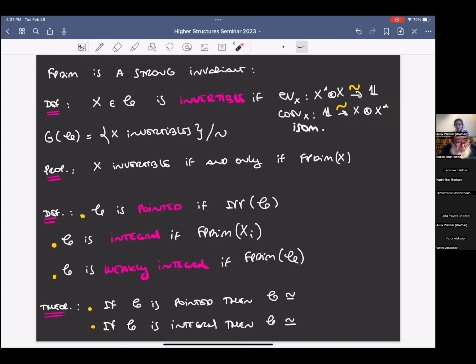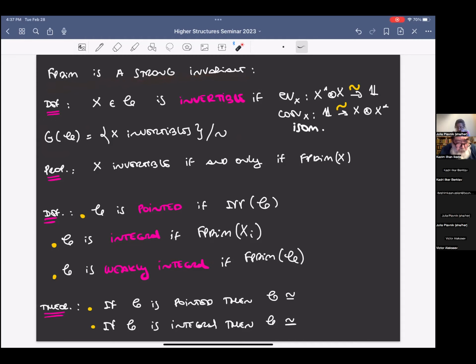So what we're saying here is that X tensor X dual is isomorphic to 1, and X dual tensor X too. And we will denote by G(C) the set of all the invertible objects in my category up to isomorphism. This is nice because this is a group under the tensor product. The unit is the unit of the category, and the inverse is given by the duals. So this is a nice group to keep in mind, attached to your fusion category.